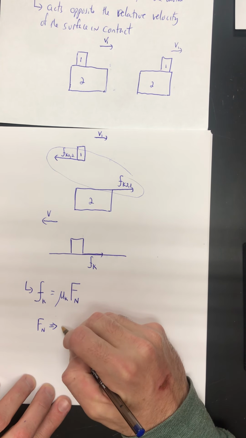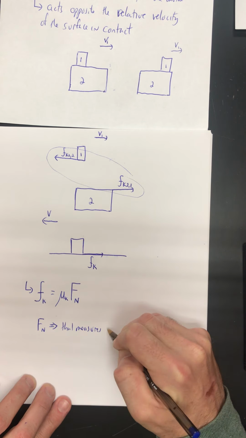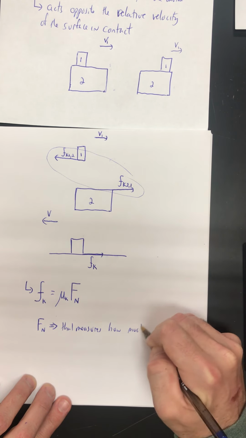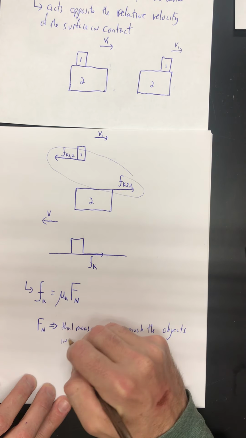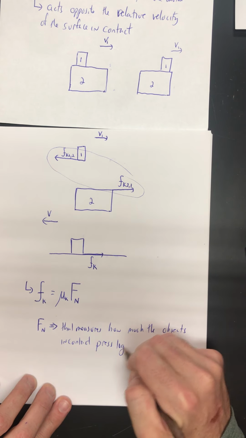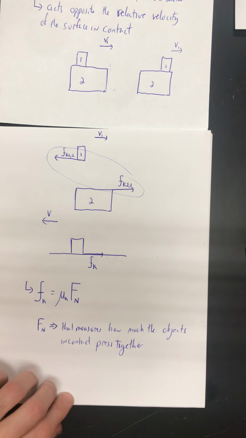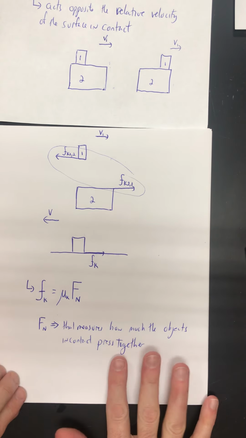This is a force that measures how much the objects in contact press together. So in that light, that's really what normal force is about: it measures the quality of contact between the surfaces in contact. And so that's why we care about it.